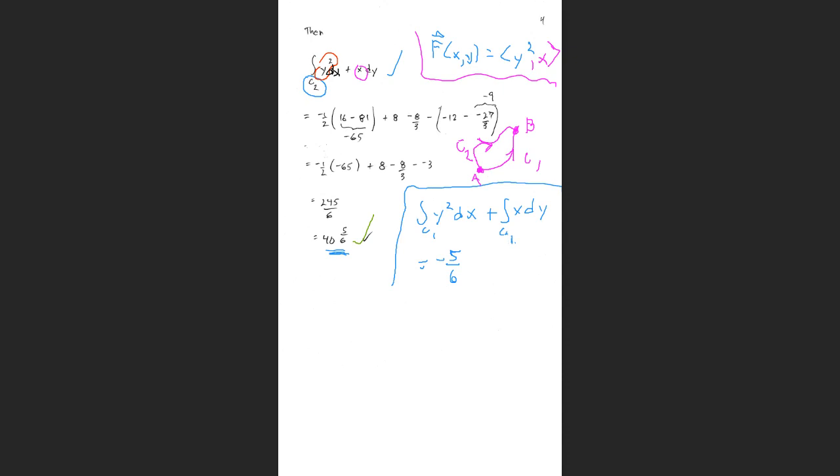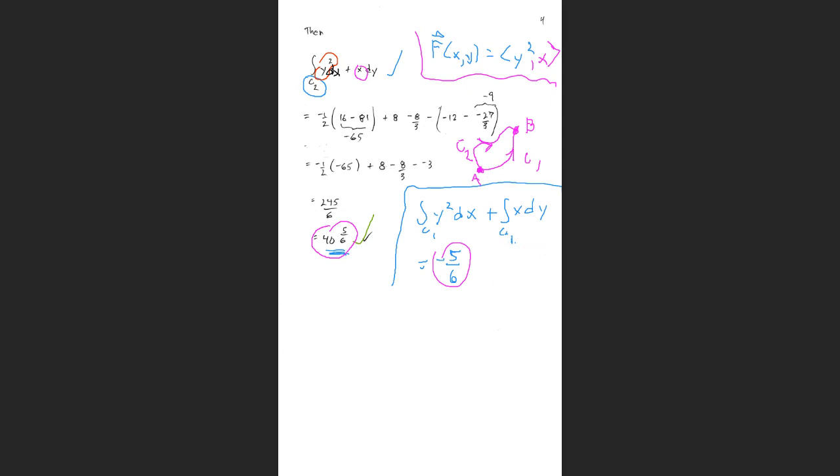You would think that the work would be different, and usually it is. And in this case, it is different. You got negative 5/6 along one path, and 40 5/6 along another path. But if you had a conservative vector field, you would get the same values.